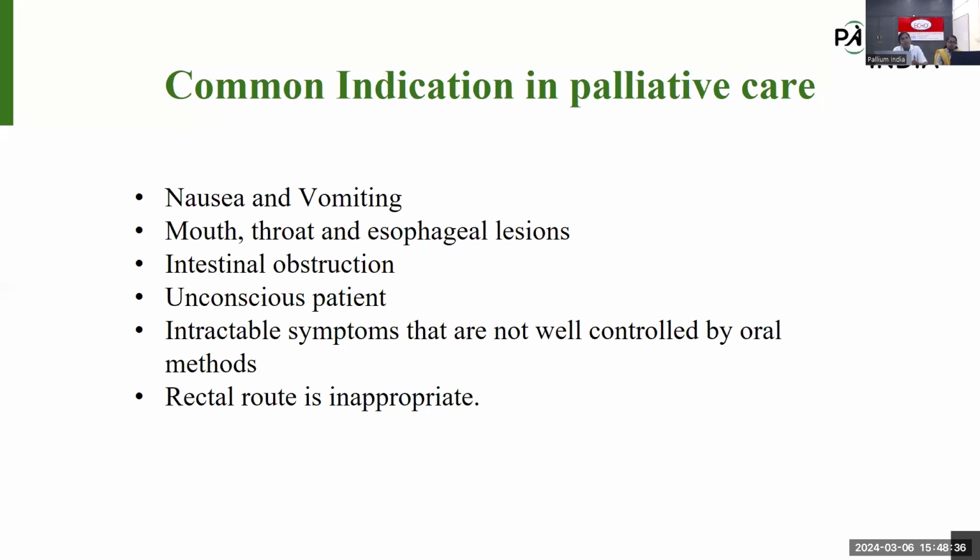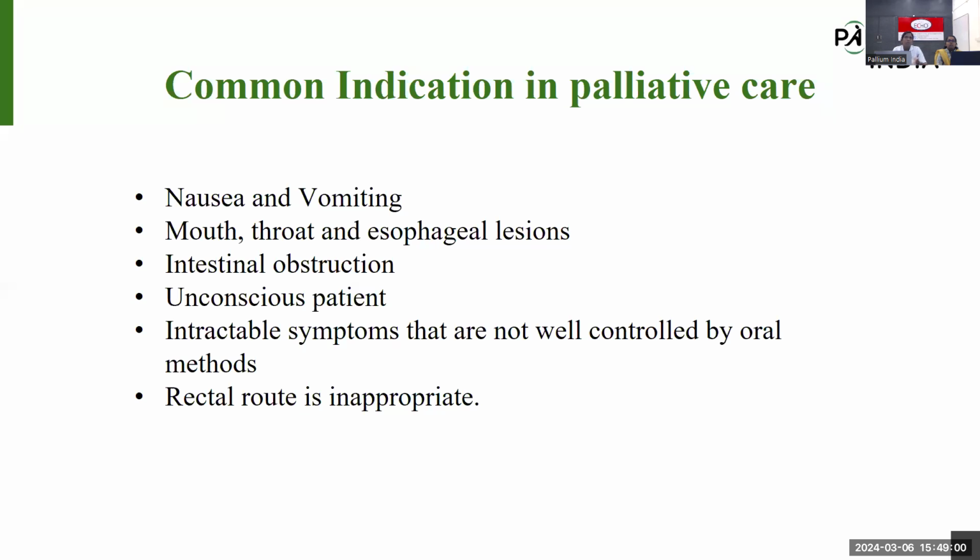Then, like intestinal obstruction, the patient is also constipated and having nausea and vomiting. At that time, if we introduce anything orally, it will worsen the situation. In that situation, we can choose subcutaneous infusion for rehydrating that patient. Then, if the patient is unconscious, we can choose it. Then, intractable symptoms.